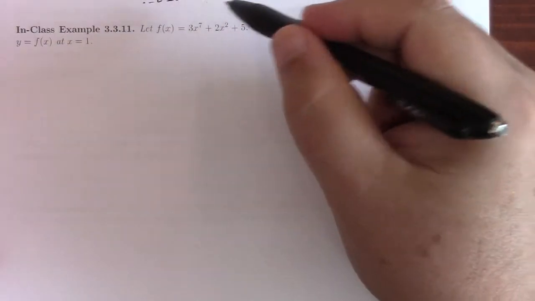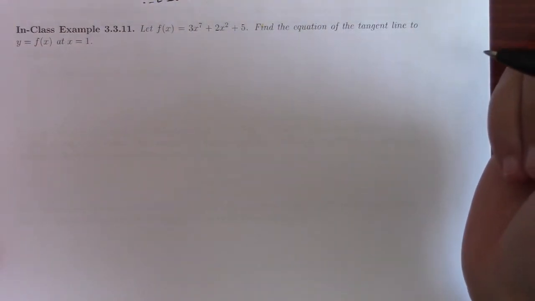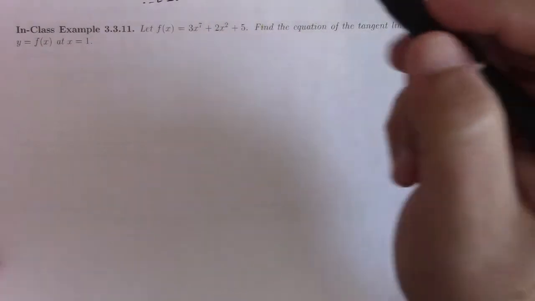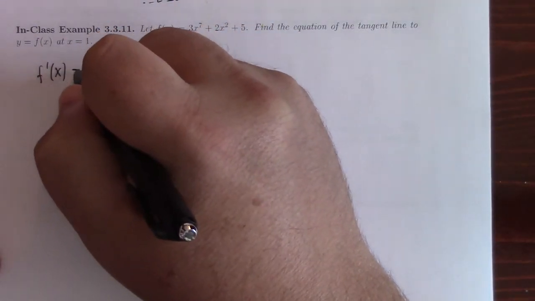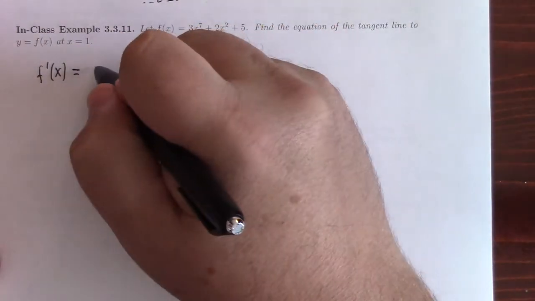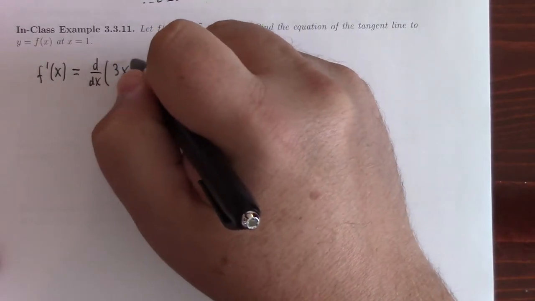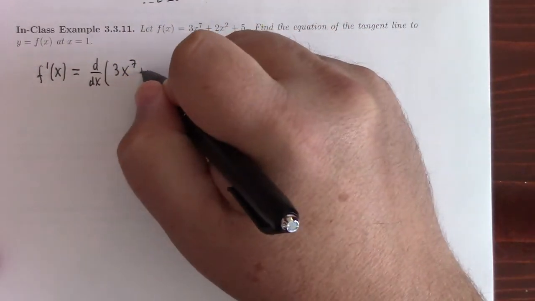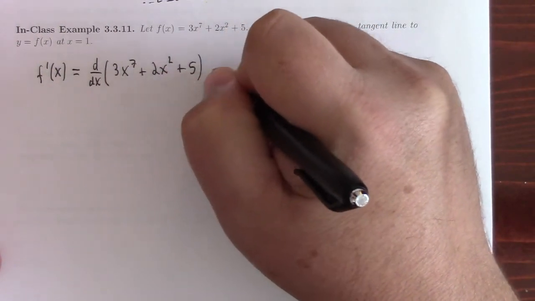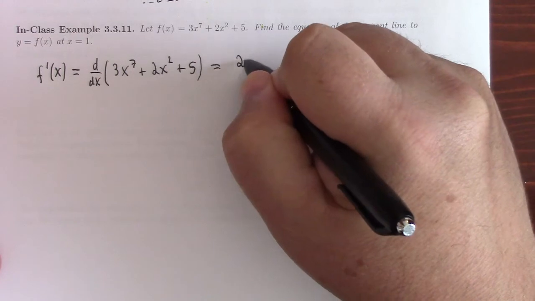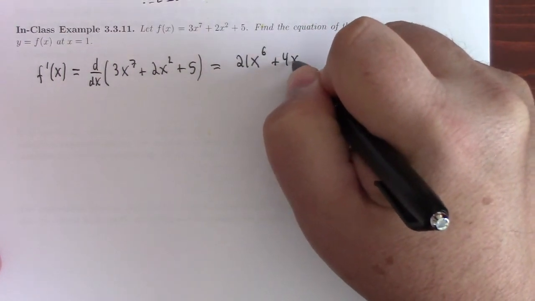F of x equals 3x to the 7th plus 2x squared plus 5. Find the equation of the tangent line at 1. Great. So f prime of x is equal to d dx of 3x to the 7th plus 2x squared plus 5. So that works out to 21x to the 6th plus 4x.